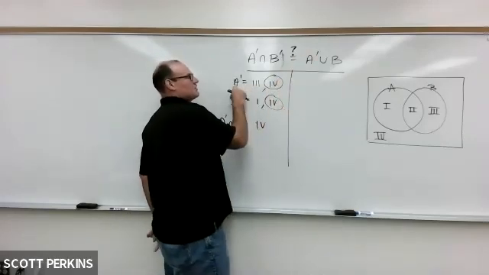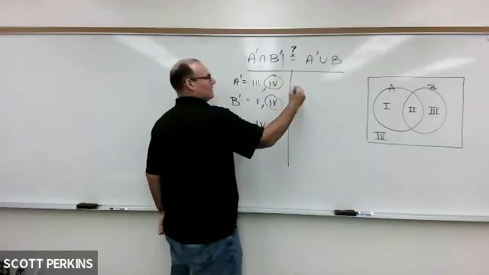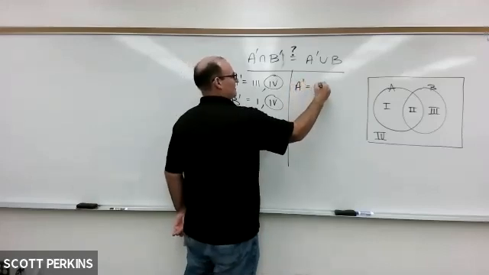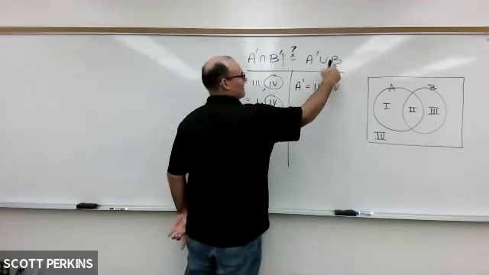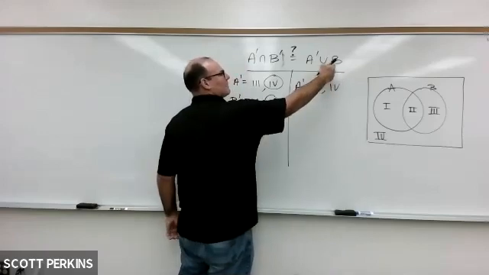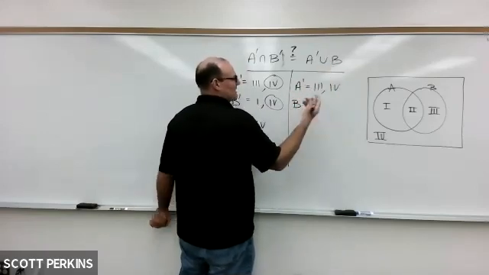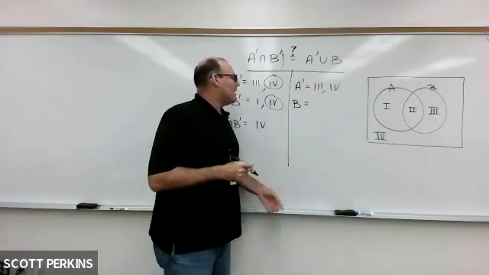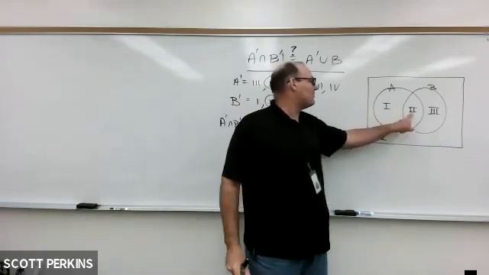On the other side, I'm just going to rewrite so that it's over here. This is the same thing we just did, the complement of A. And just for fun's sake, I'm going to write down what B is. B is composed of 2 and 3.